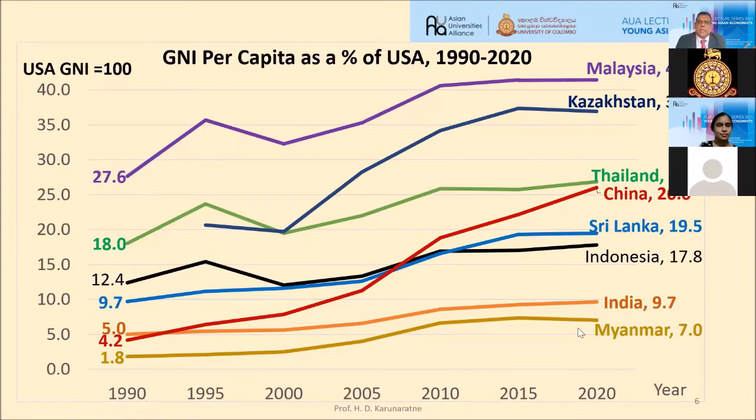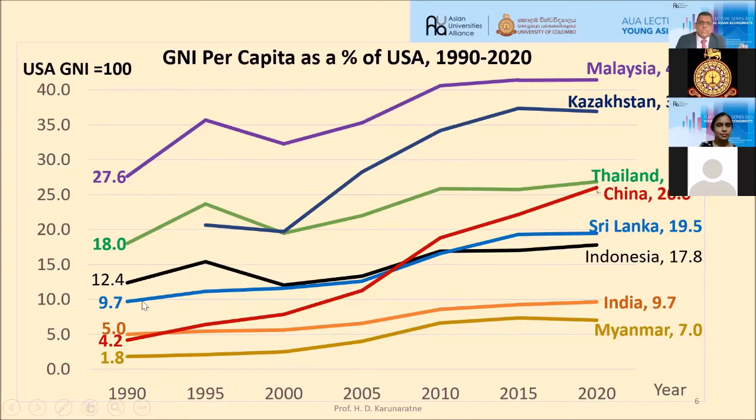It had increased to 26.8% by 2020. In this comparison, Sri Lanka had only 9.7% of US per capita income. Then it increased to 19.5 during the last 30 years.